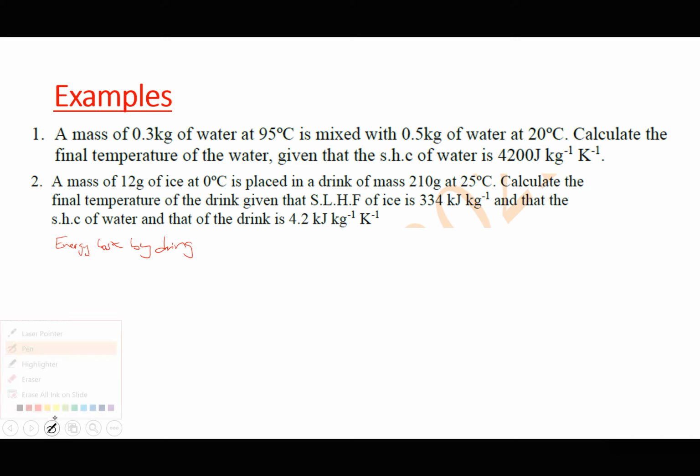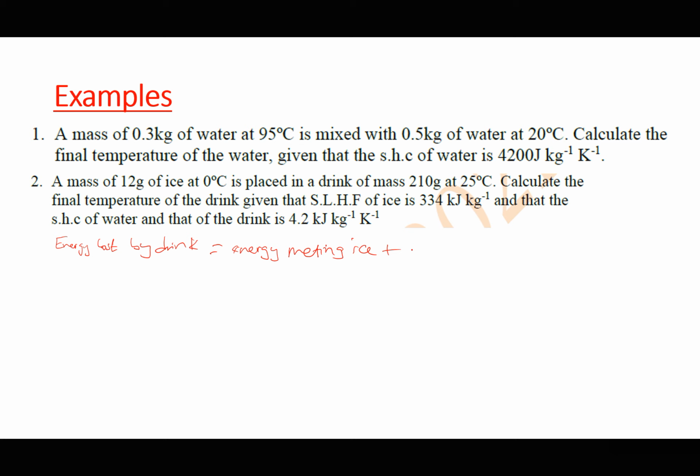My handwriting is not good, but it is fine. Energy lost by the drink. Part of this energy will go into melting the ice. So part of it is going to be the energy melting the ice, and part of it will now raise the temperature of the ice.